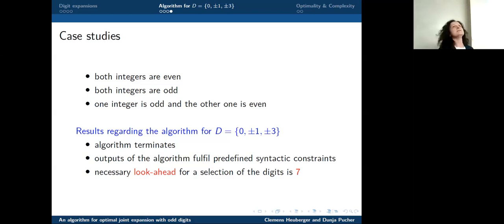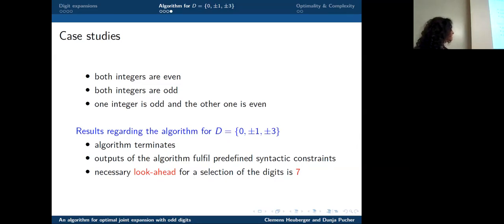This means that in order to select a digit, we have in some cases to plug in 7 digits of the binary expansion. Or in other words, we consider our input integers modulo 128. So we don't need information about the whole integer, just modulo 128.